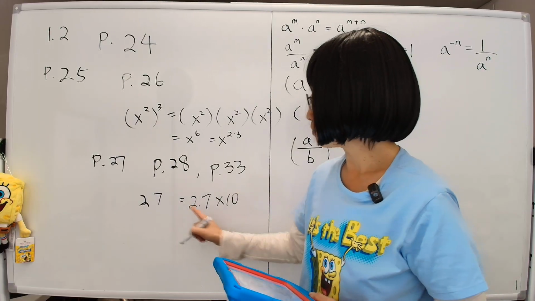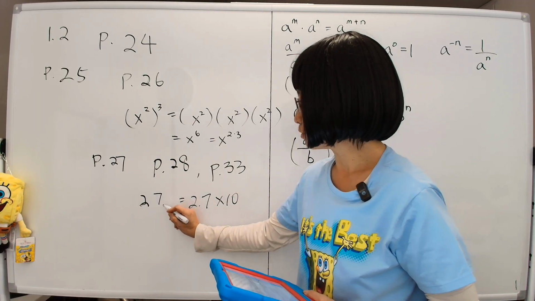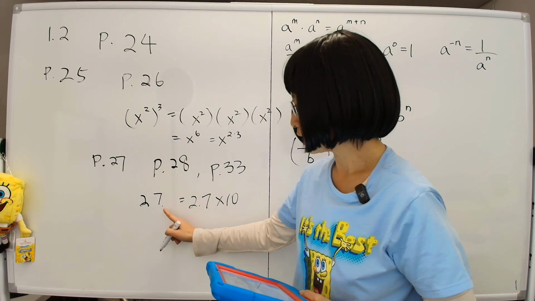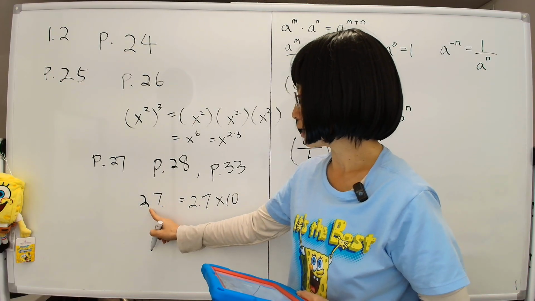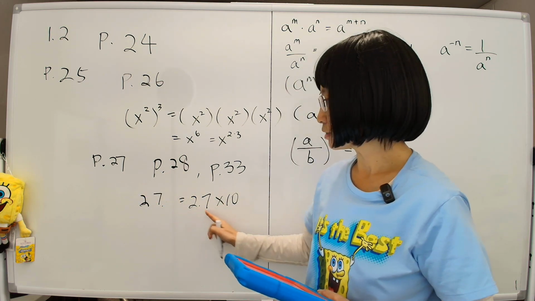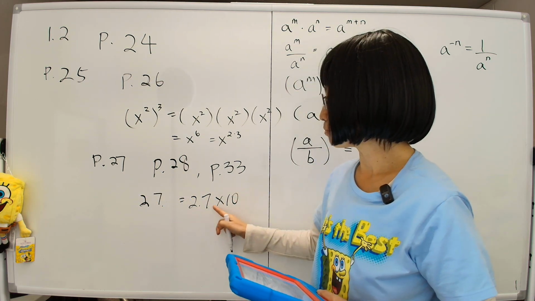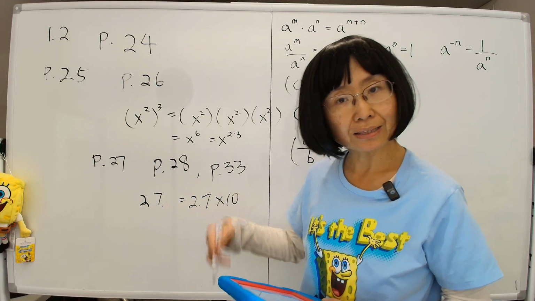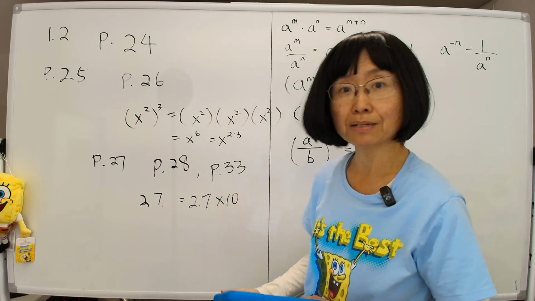The decimal point is right here, which we don't normally write for 27, but it's here. We can move it over one spot, which reduces the number to 2.7, but then we multiply it by the number 10, which gives the same number. That's what the scientific notation concept is based on.